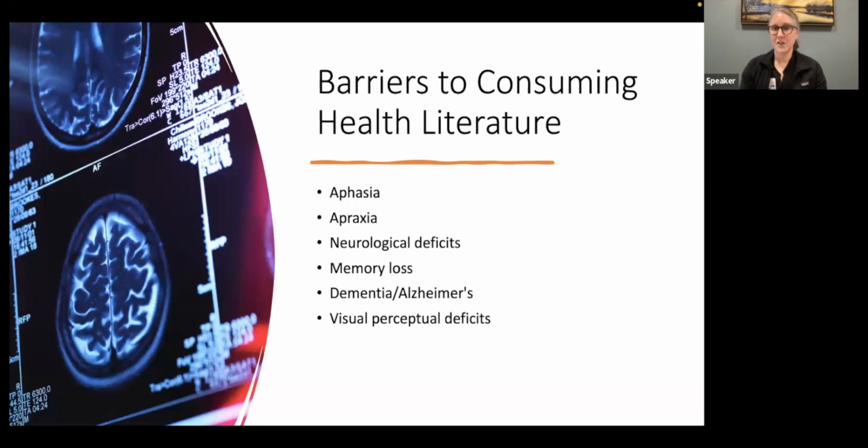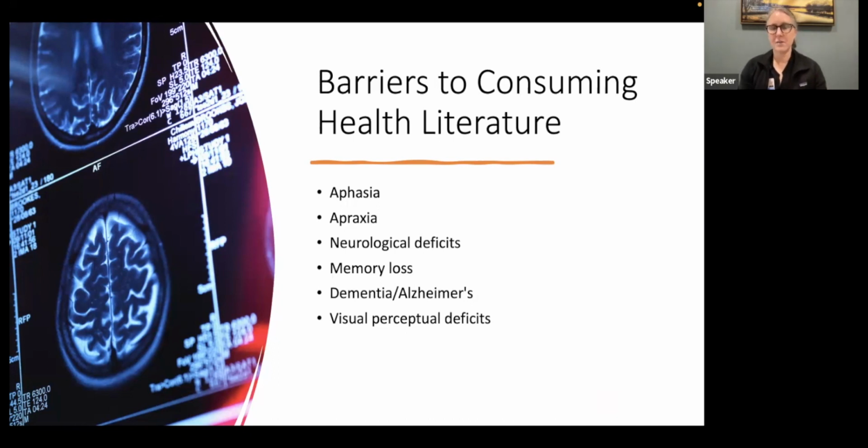If they are also having some visual deficits, then we want to make sure that we have information that is read to them so that it isn't something that they have to read themselves. So those are some of our biggest barriers to consuming health literature for these variety of communication deficits.